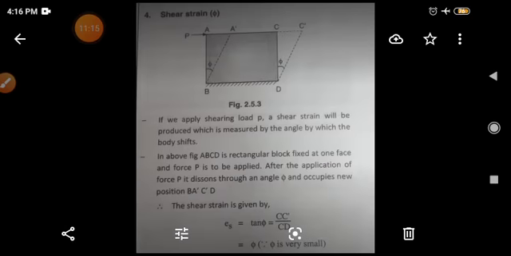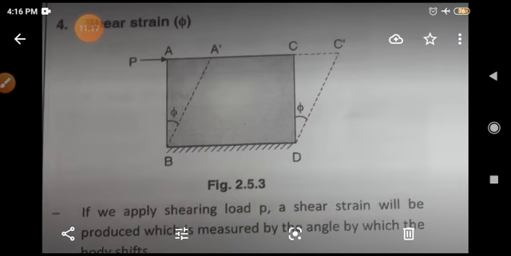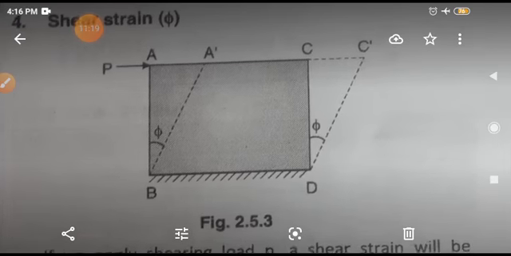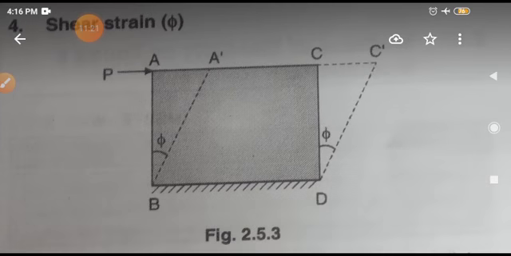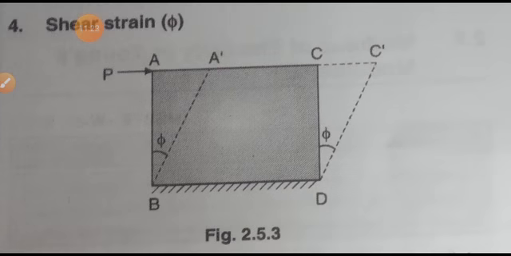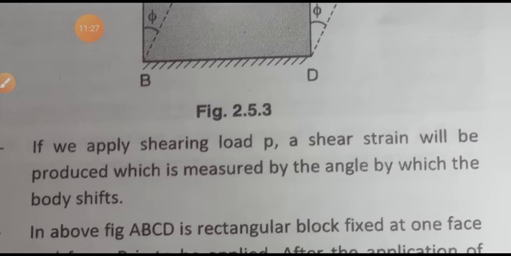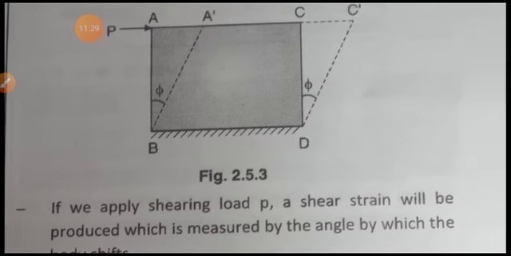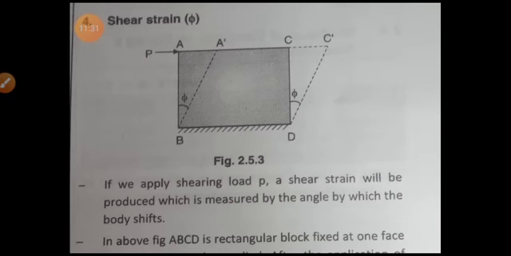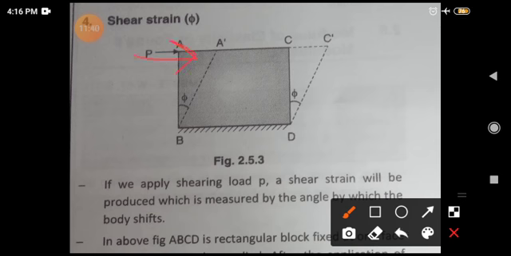Now the next one is shear strain. Okay, as we have studied shear stress, like that there is also a shear strain. See over here, a rectangular shaped body is placed, and external load P is applied from this place.